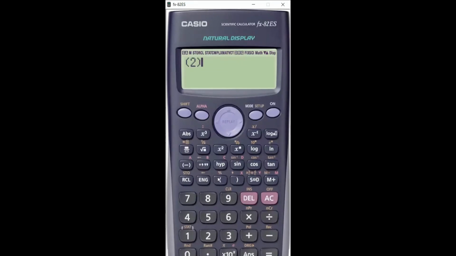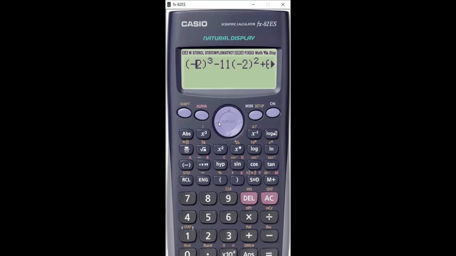Try a value like 2. 2 cubed minus 11 times 2 squared plus 6 times 2 plus 54. See if that works. That's 30, so 2 doesn't work. Let's try negative 2. By the way, always try factors of 54.